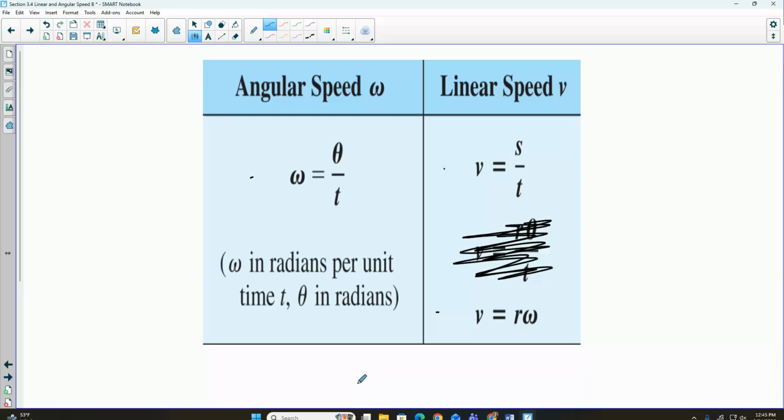That way when you're trying to pick a formula, you can pick it based off the variables that you have. So at this point, all of the formulas we have: S equals R theta, V equals S over T, V equals R omega, omega equals theta over T, and our area. So here's our list of formulas that we can use to solve any problem now.